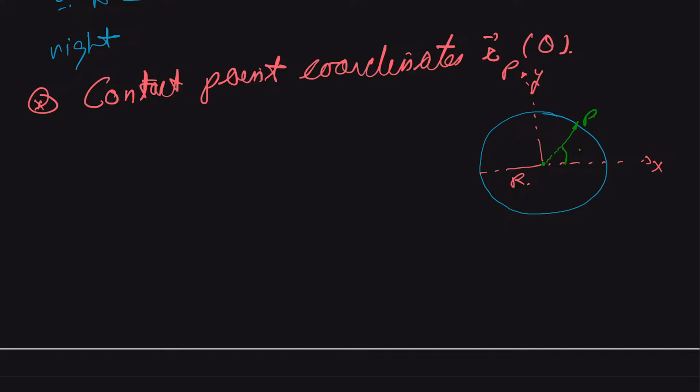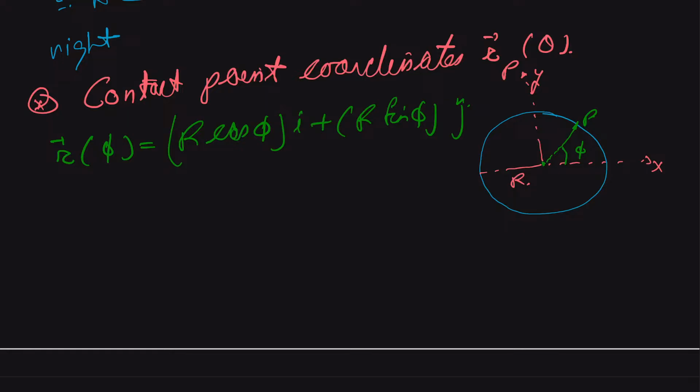Suppose this angle is given as phi, therefore we can say that our r of phi will be equal to r cos phi i unit vector plus r sin phi j unit vector.